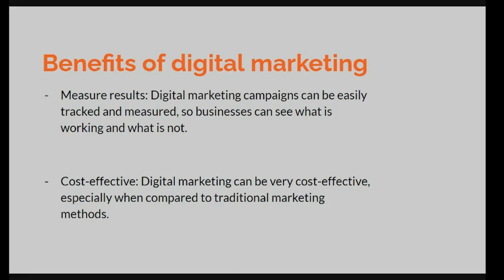When you talk about measuring the results now, digital marketing campaigns can be easily tracked, right? I mentioned that already, and they can be measured. So when you measure them, you can now see that this ad that we're targeting to these people, they are not exactly clicking on it.